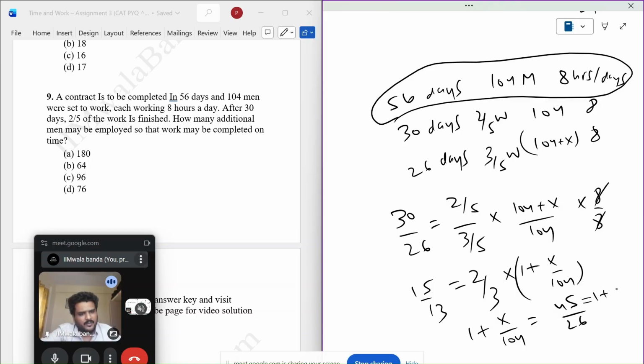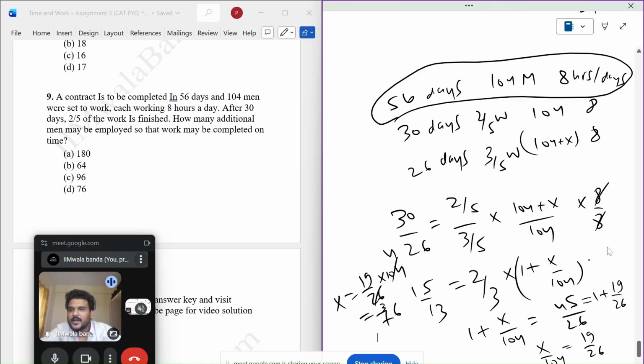Can I write it 1 plus X by 104 is 45 by 26? Can I say X by 104 is 19 by 26? Or X is 19 by 26 into 104. 6, 12, 18, 24. 4 into 19 is 76. Answer should be D.